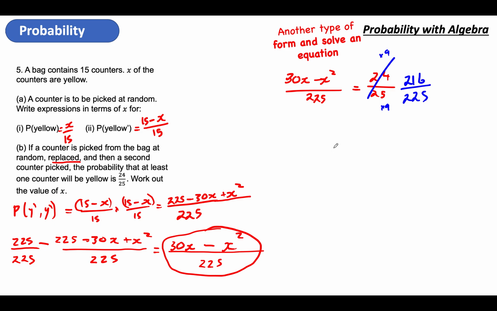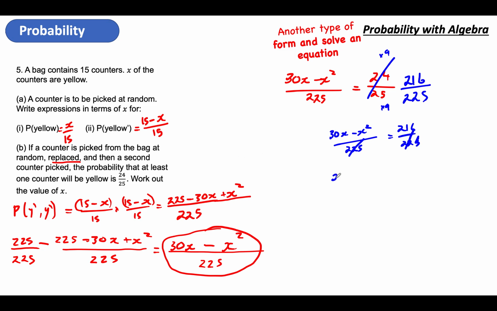Okay. Right. Now, remember, we've got two fractions that are equivalent here. And if you're not sure, I'm just going to rewrite them again. 30x minus x squared all over 225 equals 216 over 225. Now, because they're equivalent, we can ignore the bottom part of the fraction, just look at the top.